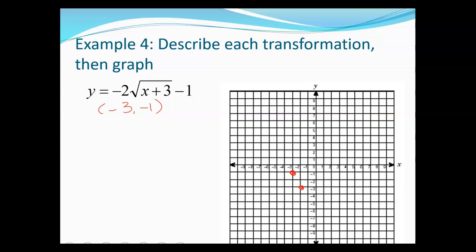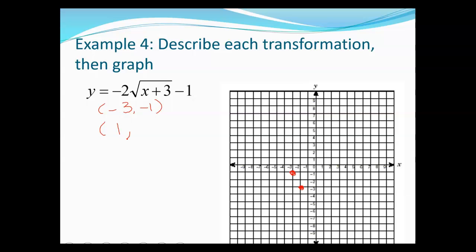And then the next point is going to be at 4 minus 3. So 1. And then it's at 2 times negative 2. Negative 4.